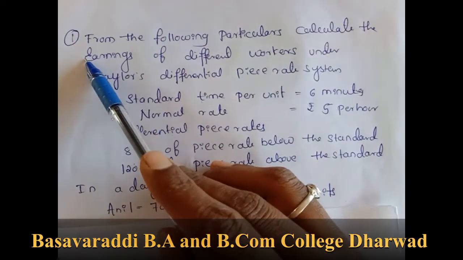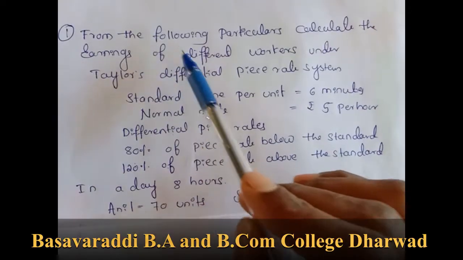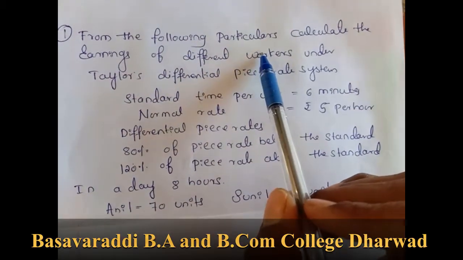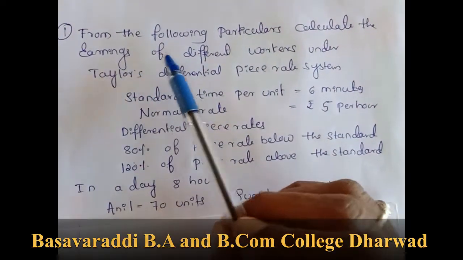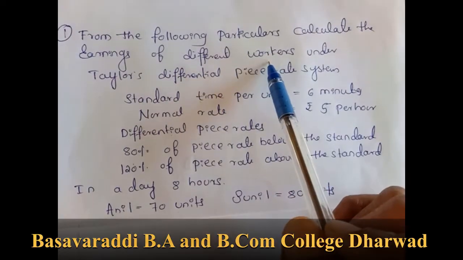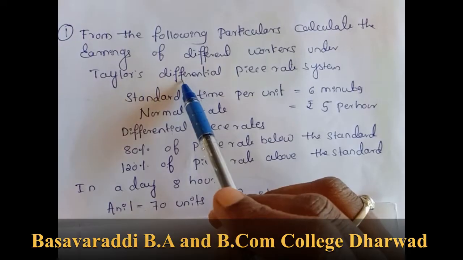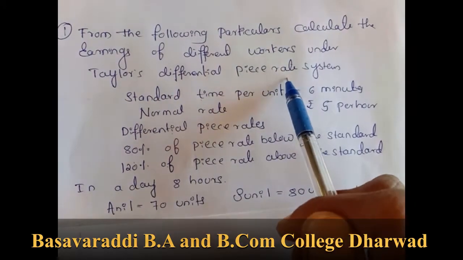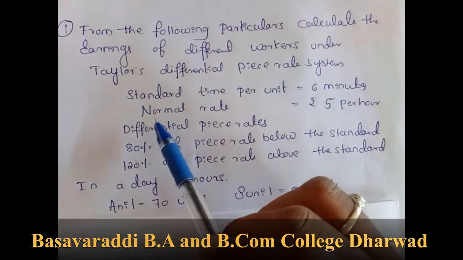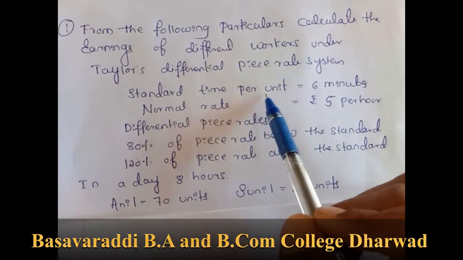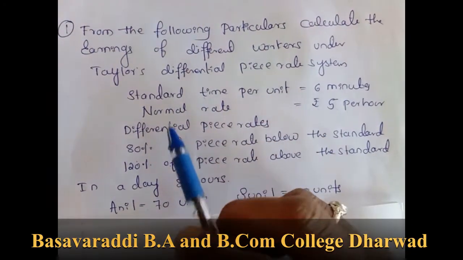Problem number 1. From the following particulars, calculate the earnings of the workers under Taylor's differential piece rate system. Standard time per unit 6 minutes.